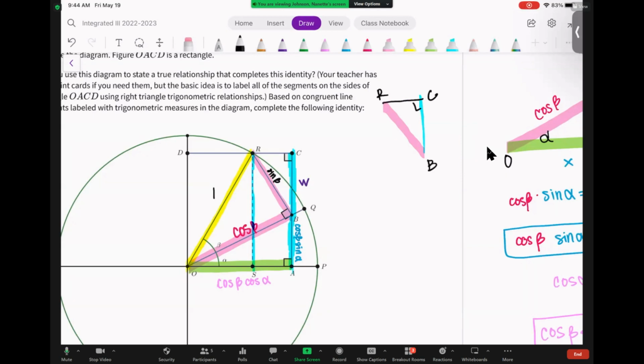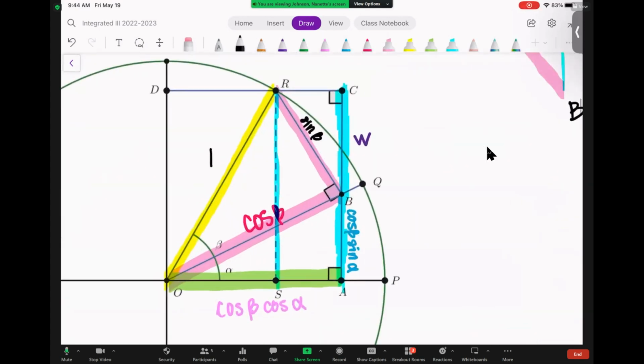And the thing I don't know right now is I don't know any of the angles. So I'm going to play around with my angles to find one of those angles. One of the things that I do know is this angle here is 90 minus alpha, because of this right triangle, OBA. If I know that this angle here is alpha, then the other angle is just 90 minus that.